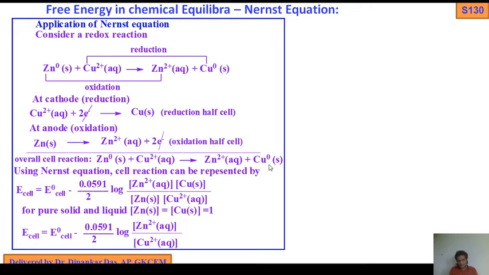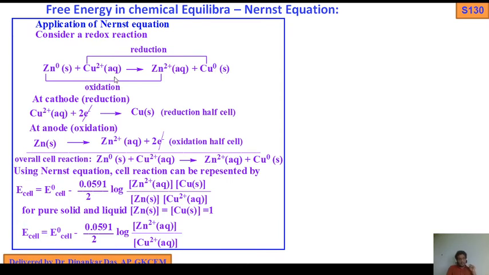After getting the overall cell reaction, first write down the Nernst equation simply: E cell equals E naught cell minus 0.0591 by n log K. Here K equals the equilibrium constant, which is nothing but the molar concentration of product by the molar concentration of reactant.